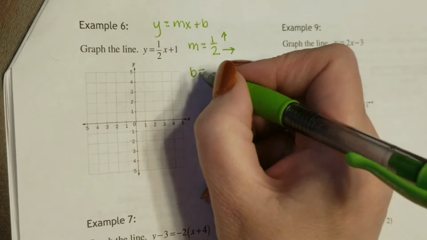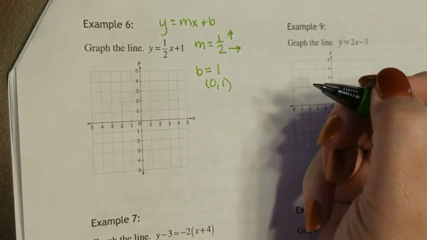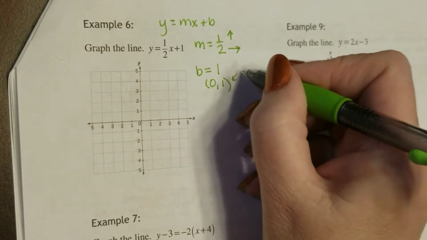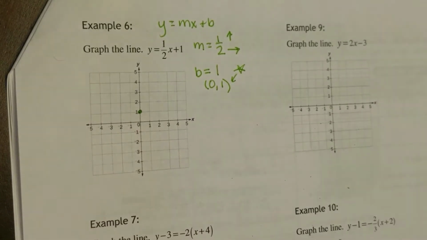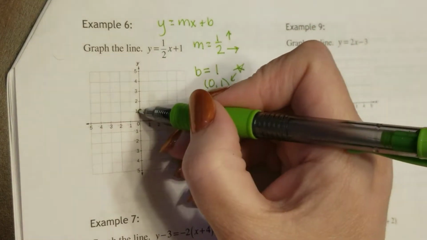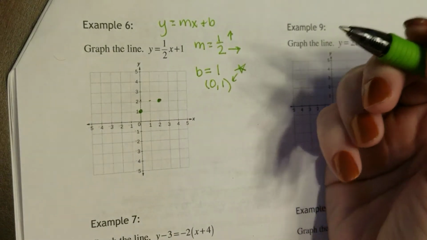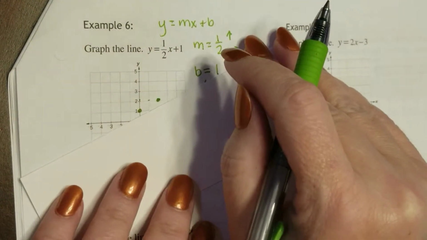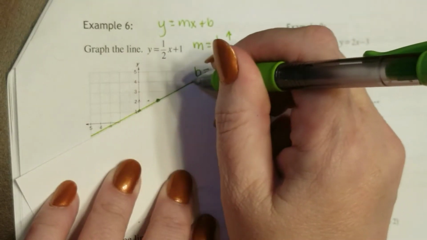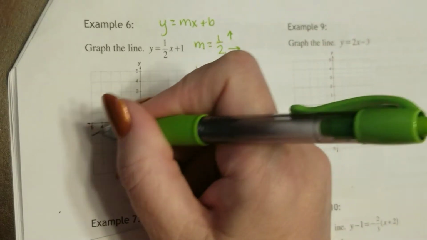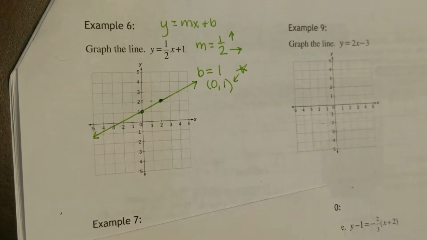And b is our intercept of 0, 1. So I'm going to start at this point, 0, 1. And I'm going to put a point here. And then I'm just going to count the slope. I'm going to go up 1 and over 2. You only need 2 points to make a line, and it's best if you kind of use a straight edge. And there's the line that you've been given, or that you needed to graph.